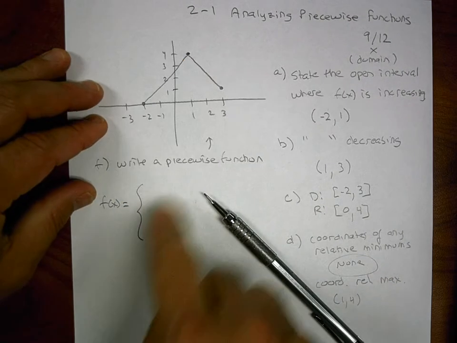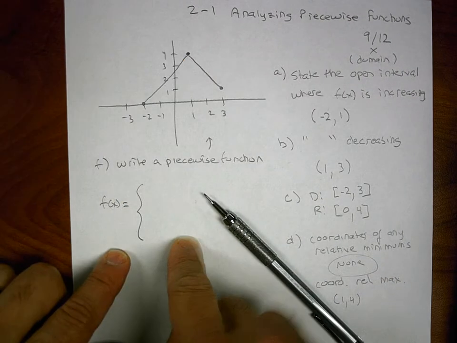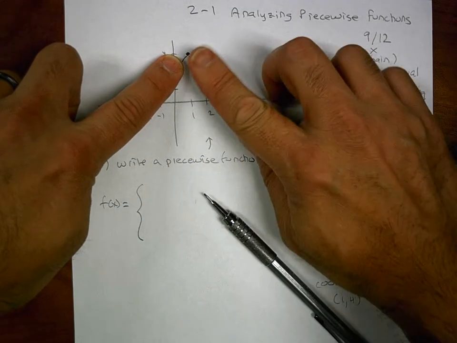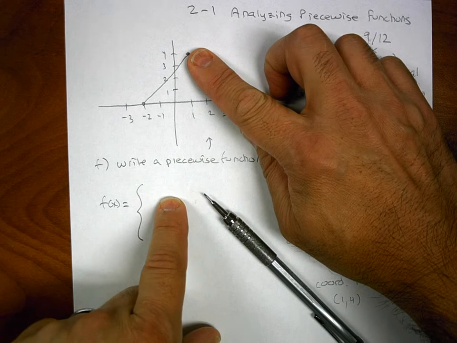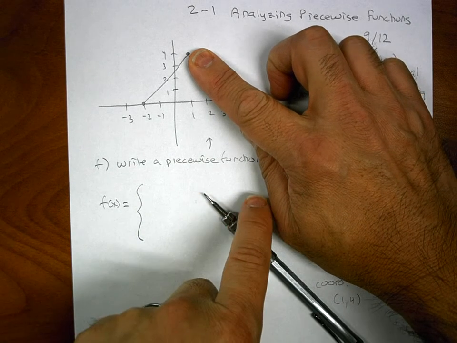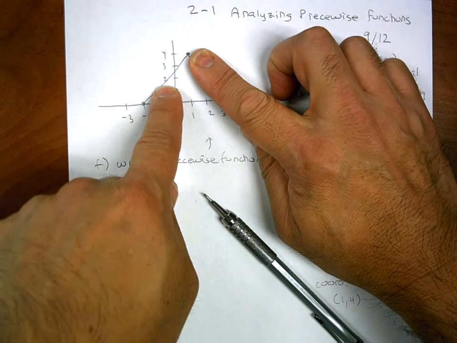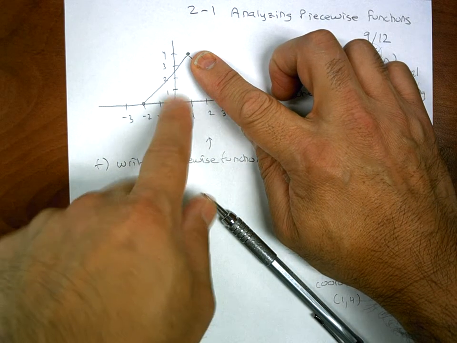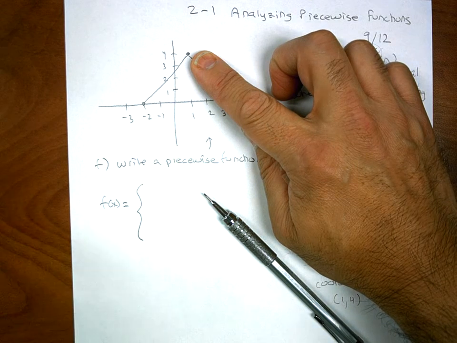We have two pieces. So we have the equation of this line, we have the equation of this line. But, as you've seen when we had piecewise functions, if we write the equation of this line, we just have to describe where we see this line. So, in words, where do we see this line in the domain? x from x is what?